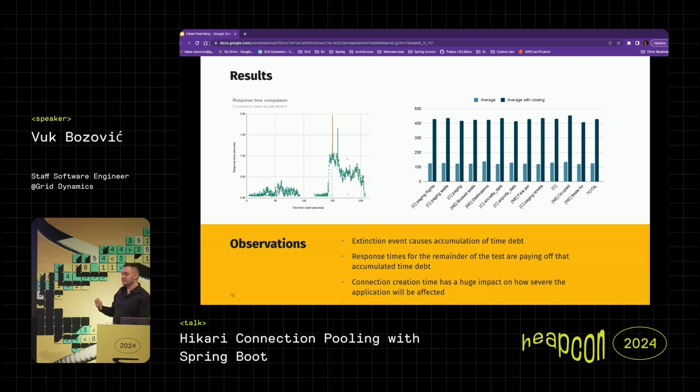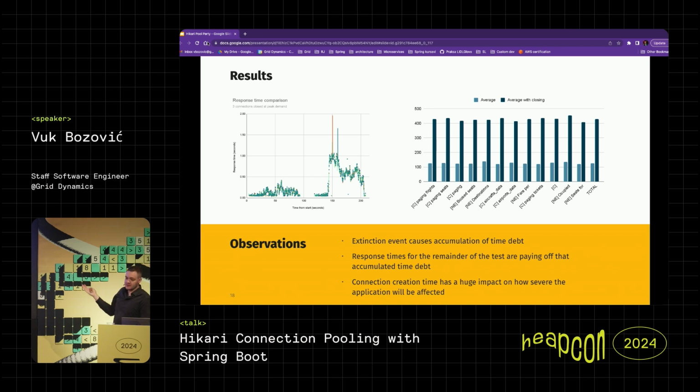Some kind of time accumulates while there aren't enough connections, forcing all other response times to go up. You can also look at this right graph. The first column is average response times without closing connections, so they are around 100 milliseconds. And with closing connections, we can see it's above 400.